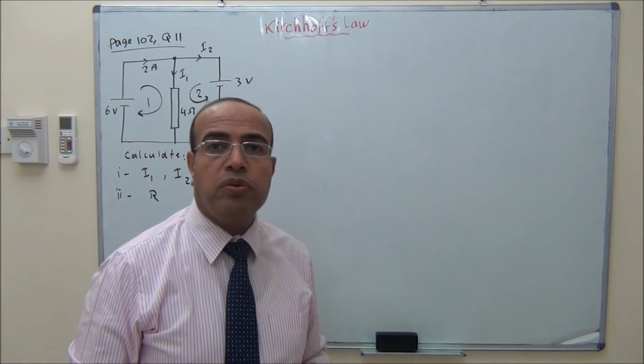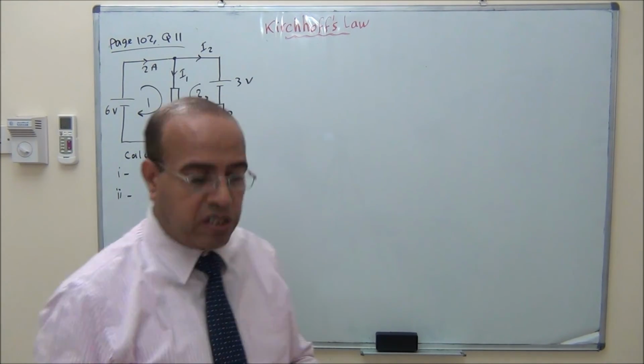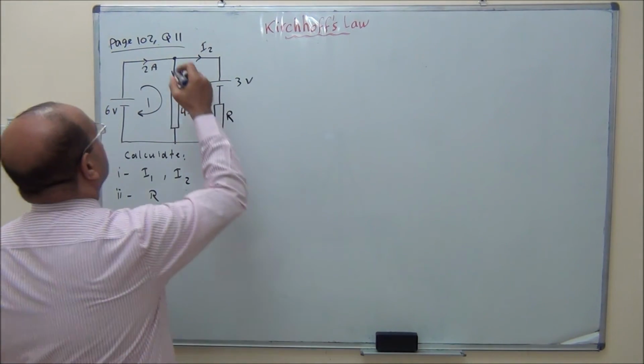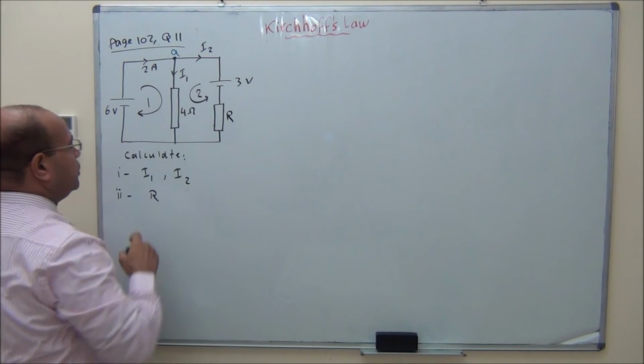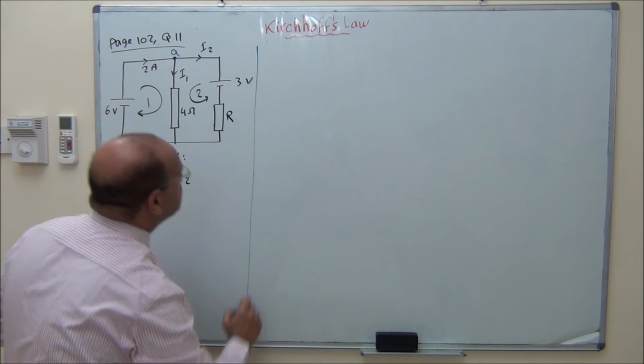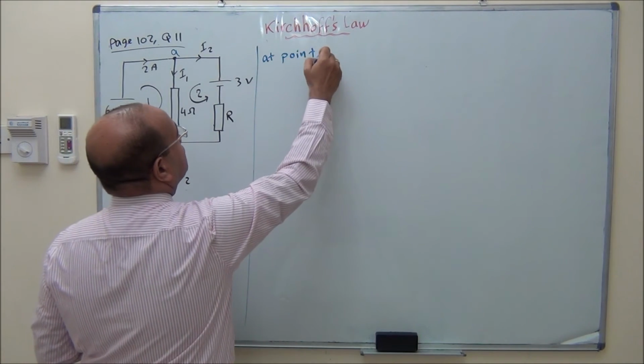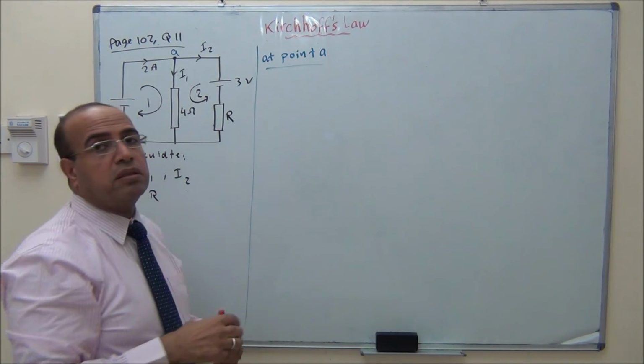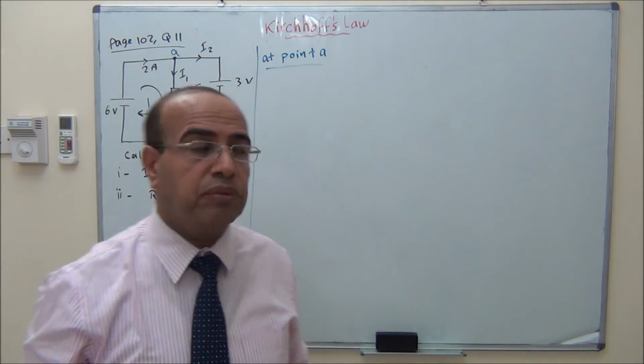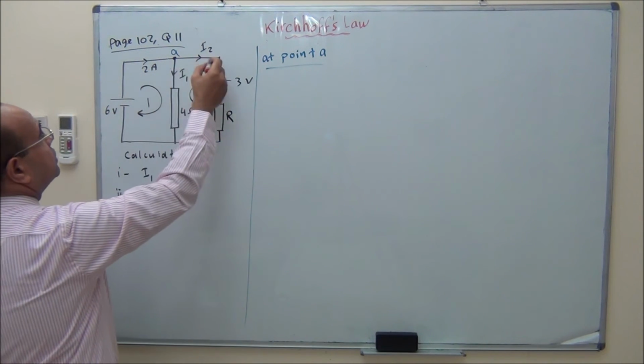First of all, we use Kirchhoff's first law. It's better because it's easy. So now we take the point A. At the point A, we check the current in and the current out. So this is the direction.